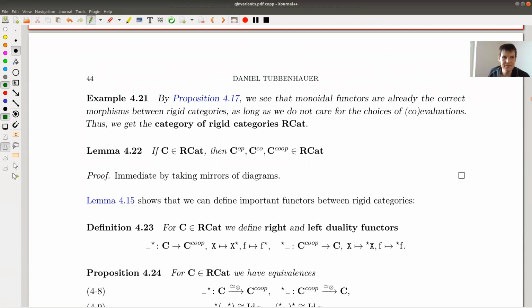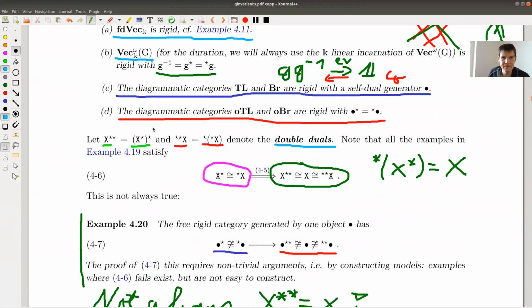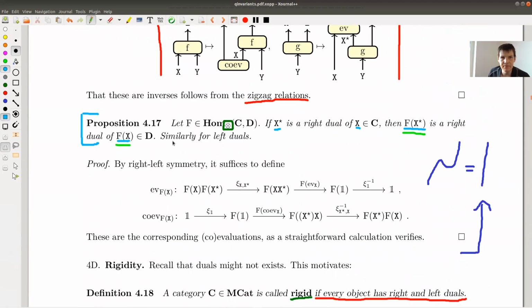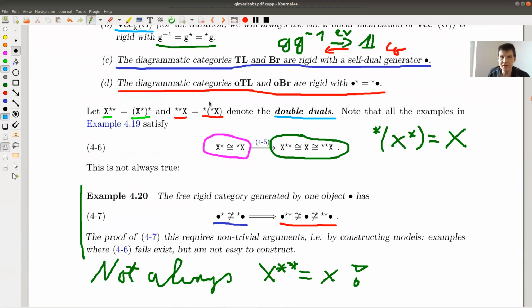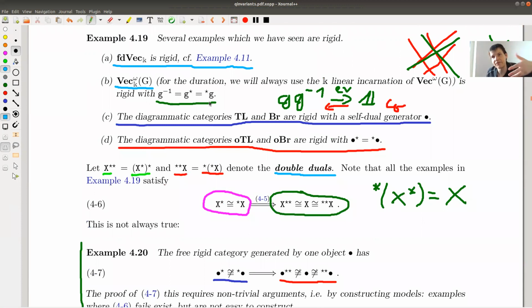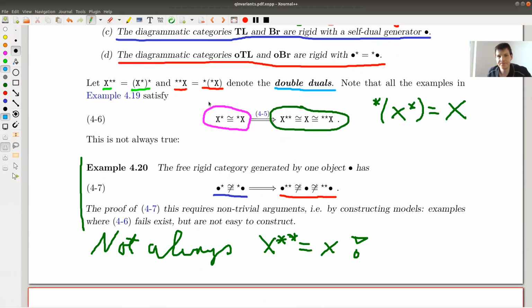Yeah, and the funny thing is, let me say it again. Here in this proposition, basically, monoidal functors preserve dualities. So what I usually do is, I have a new notion of categories, so I should have a new notion of functors.